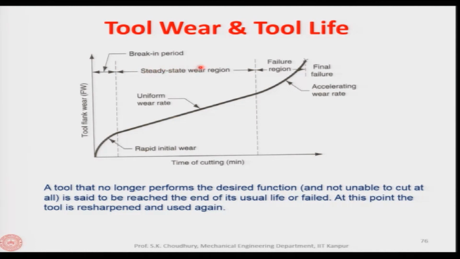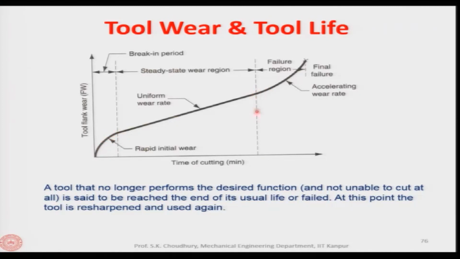After that, there is a steady wear because of the rubbing of the flank face with the already machined surface and the sliding of the chips over the rake face of the tool. This is the steady state wear region, and the wear rate will be uniform here, whereas in the first stage the rapid initial wear will be there.